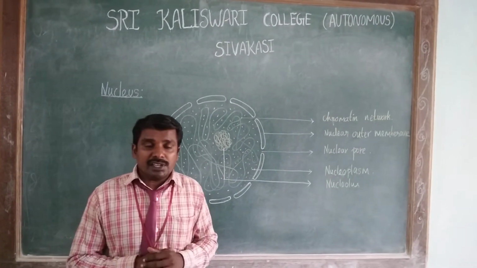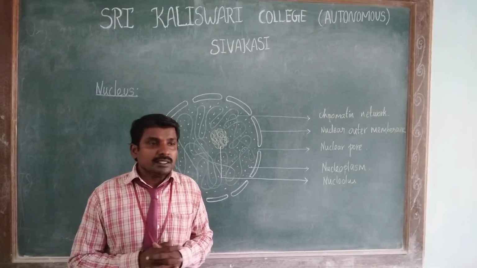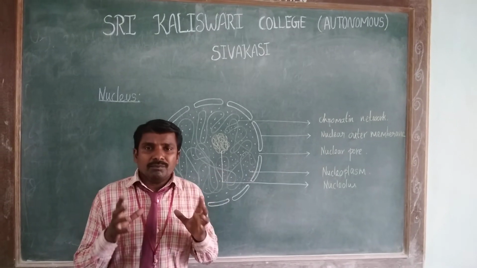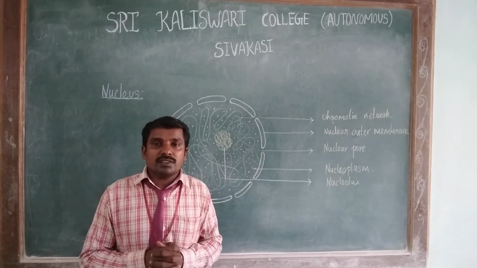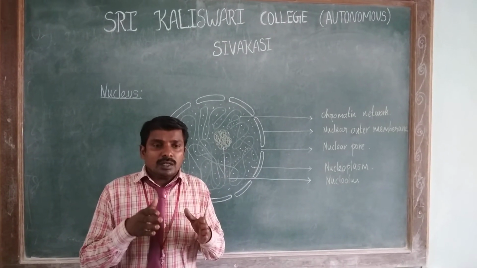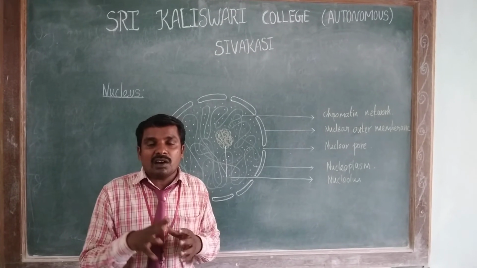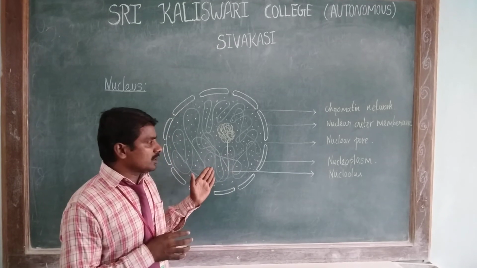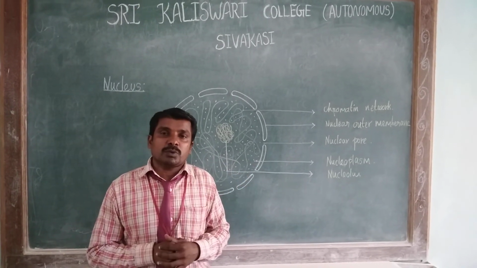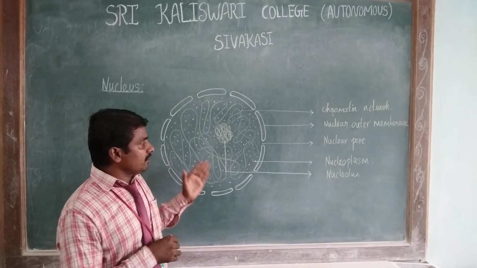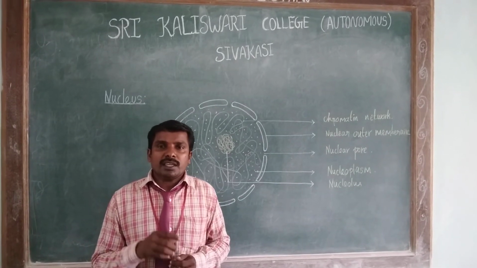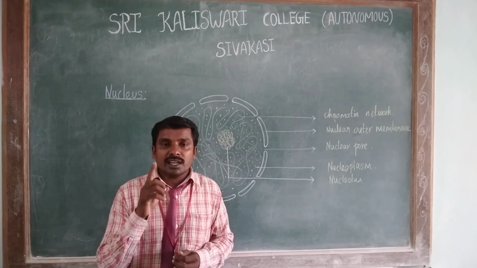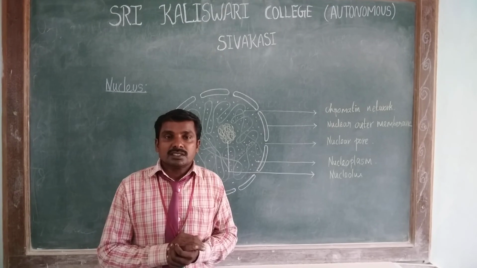The nucleus is also particularly involved in controlling all the cell organelles present inside the cell. So this is very important. Normally a single cell has a single nucleus. That's it. Thank you.